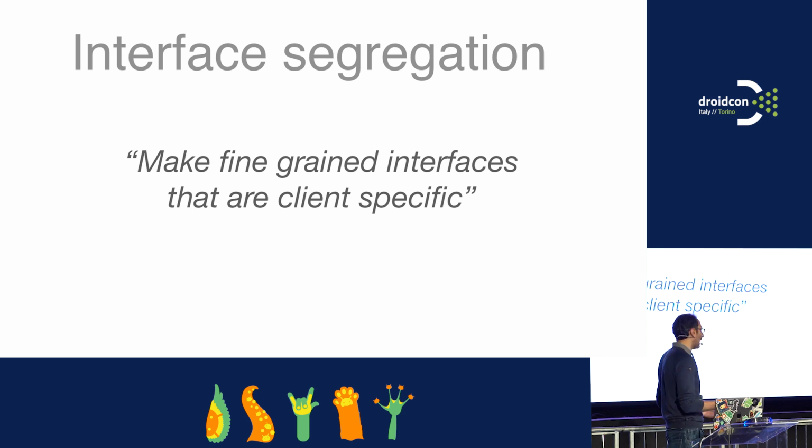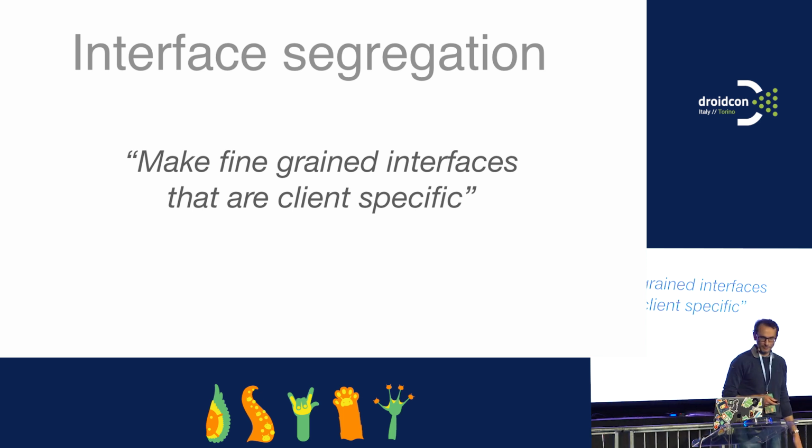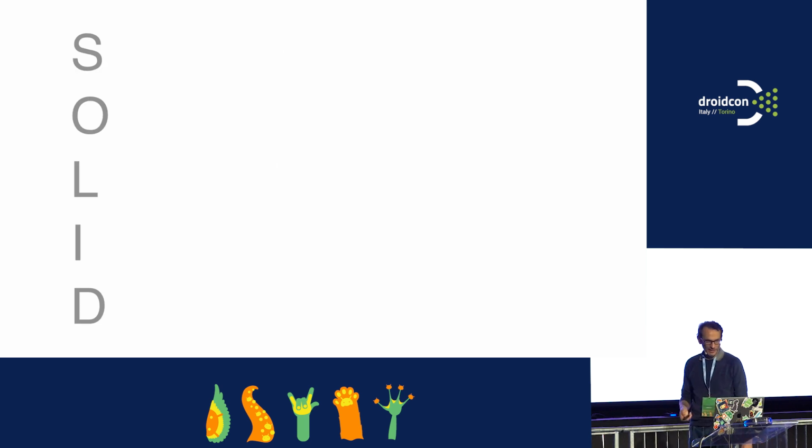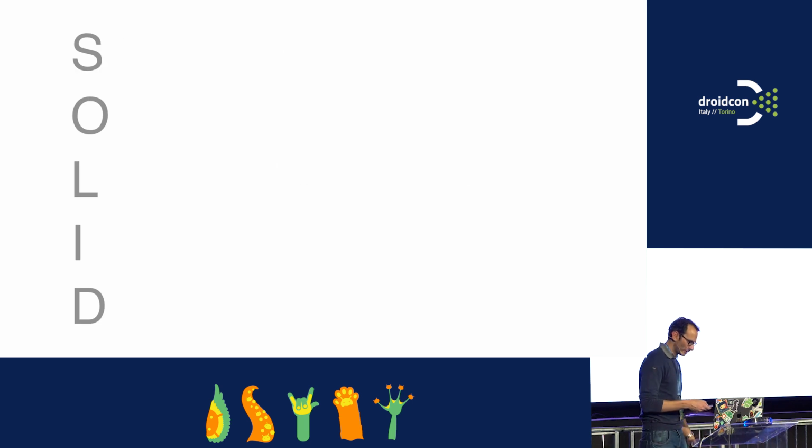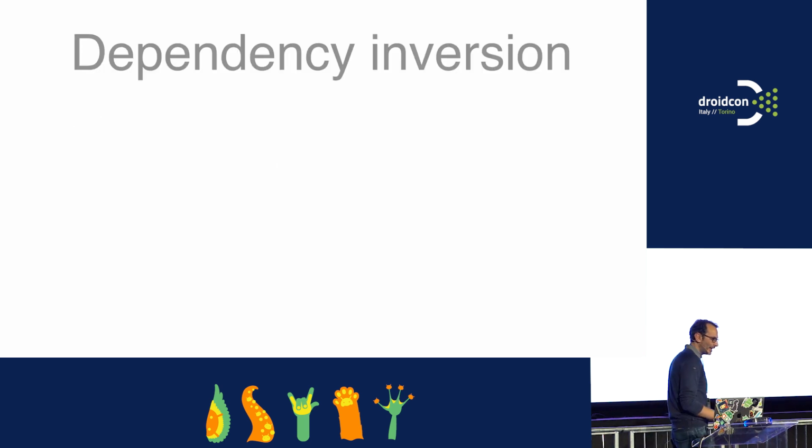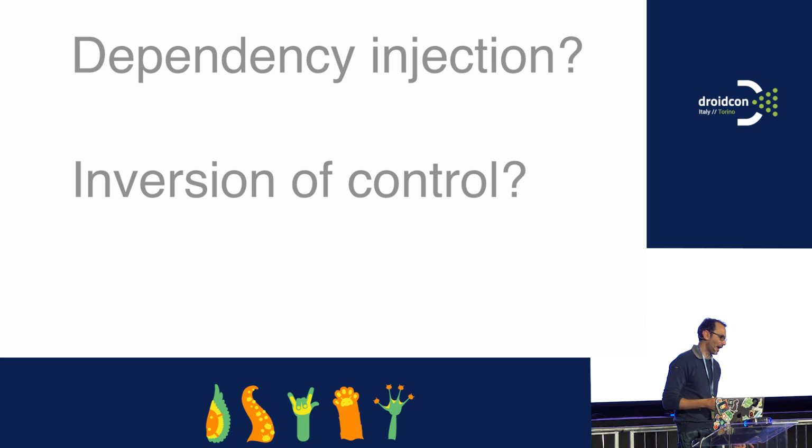And again, our interfaces are quite small, so we are using this principle. And the final one, that is the most interesting in this talk, is the dependency inversion. At the beginning of the talk, we talked about dependency injection. The name is quite similar.